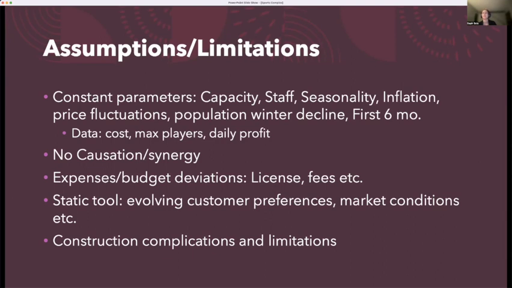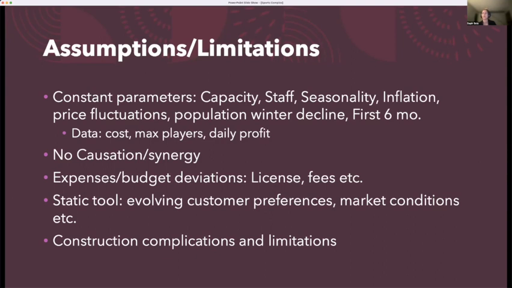Next is that the expenses and the budget deviations are not accounted for, and we're assuming the expenses are limited to the construction of the courts, but we all know very well that there could be licensing fees, there could be other fees, there could be expenses beyond our imagination.